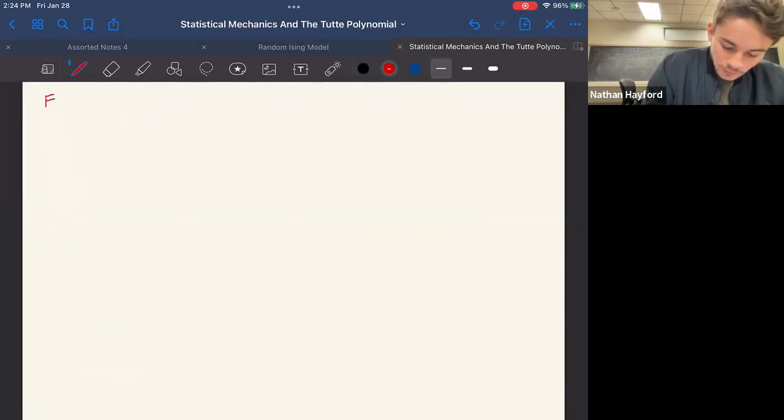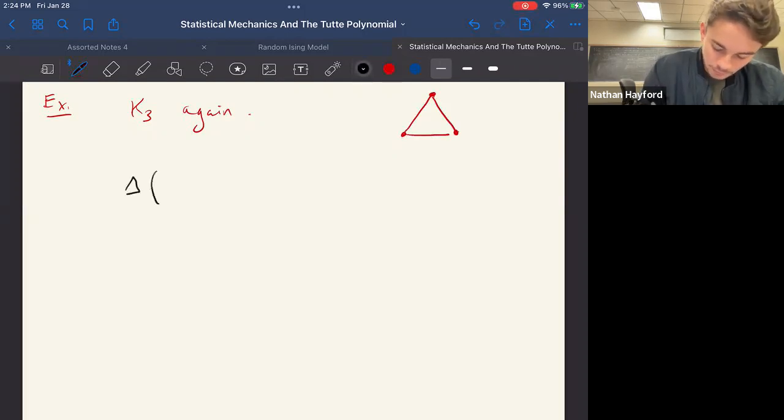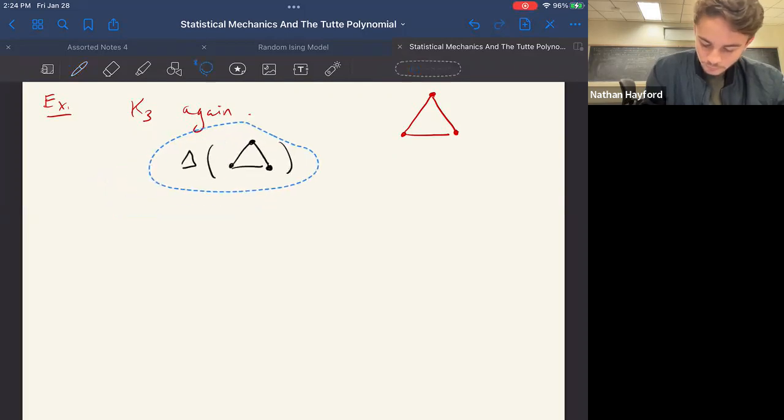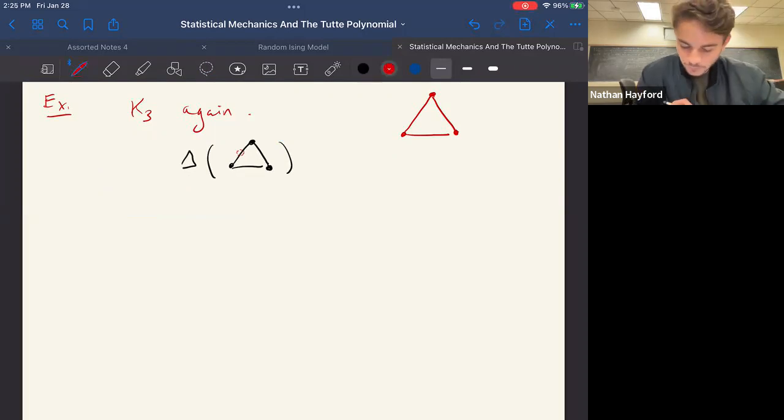So just to show you why this relation is so useful, let's do another example. We're going to compute the Tutte polynomial of K3 again. So here is K3. In a bit of abusive notation, I'm going to write delta of this graph, and we're going to compute this using the deletion contraction relations. We're going to focus first on this edge here. By the deletion contraction relation, what can I do?